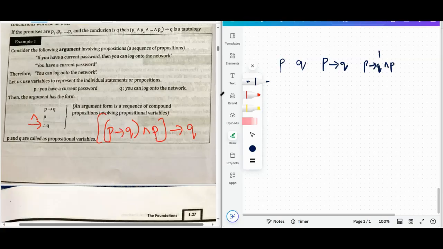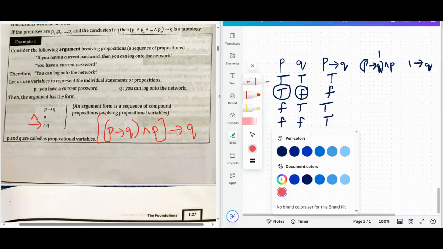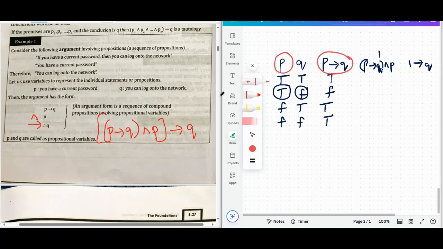Then 1 implies Q. If I take here T T T T F F T F T F, T F T F, then P implies Q is F only for T and F, otherwise it is true. Then for (P implies Q) and P, we check the first and third columns. For AND, T and T is T, otherwise it is false.